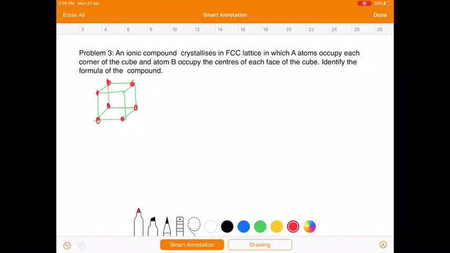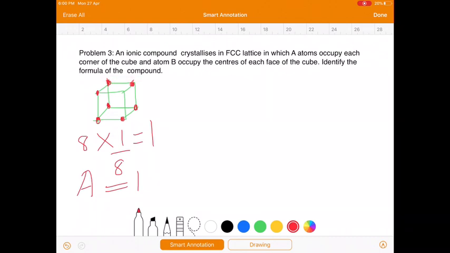Since each corner is shared by 8 unit cells, only 1/8 of the particle belongs to this particular unit cell. So 8 into 1/8 equals 1. So the number of particle A in this unit cell is only 1.